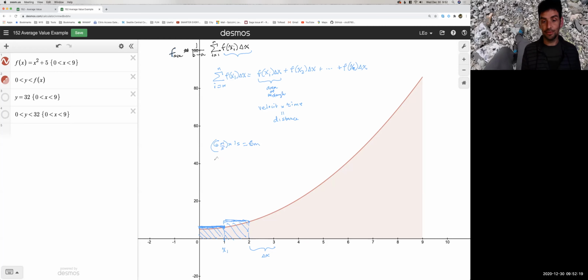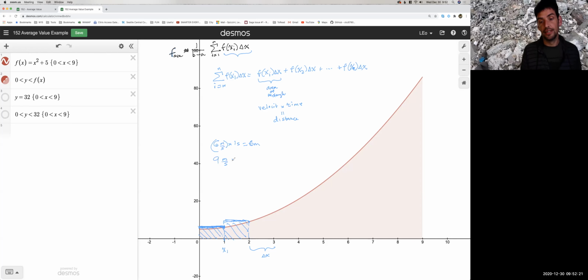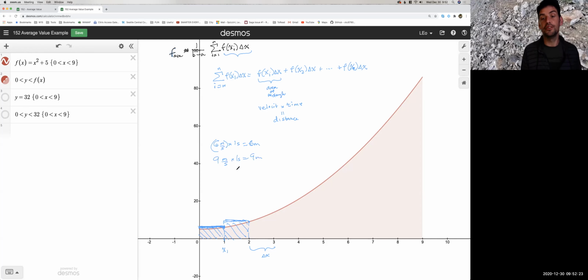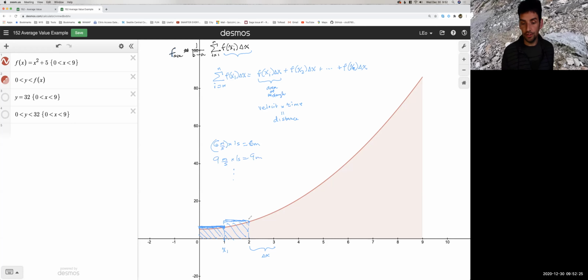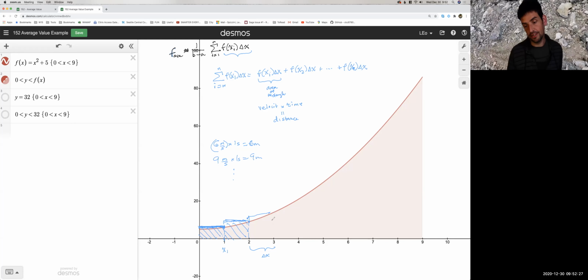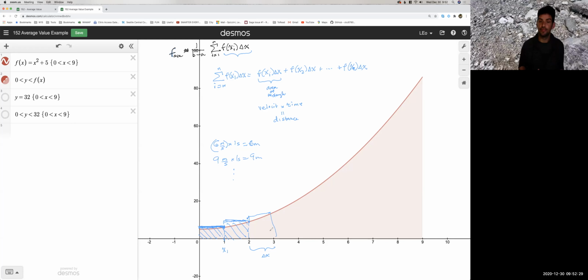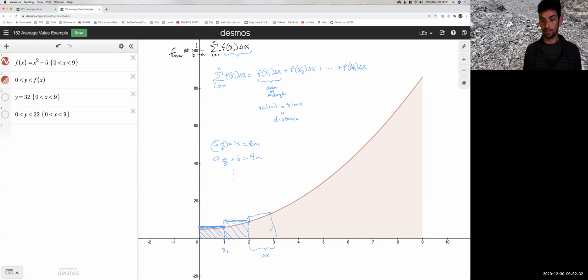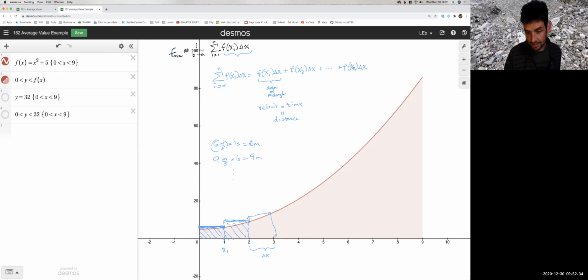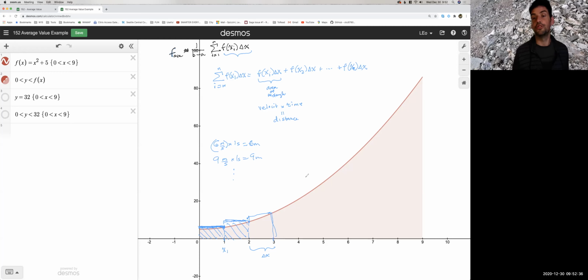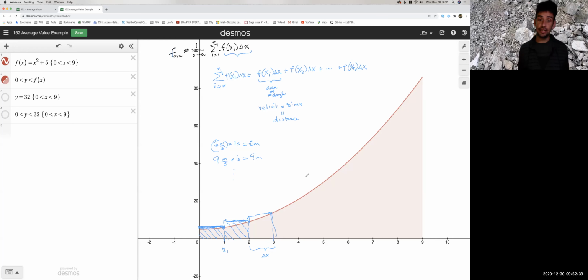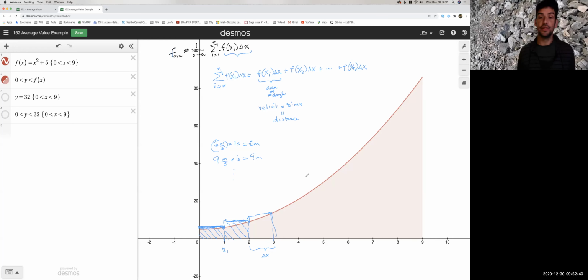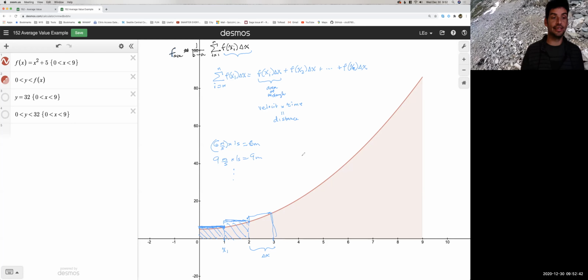In the next second, 9 meters per second times 1 second gives me 9 meters. We do this for all of these rectangles, which represent approximate distances over each interval, right? So we add them all up. What do we get in total? We get the approximate distance this thing is traveling.